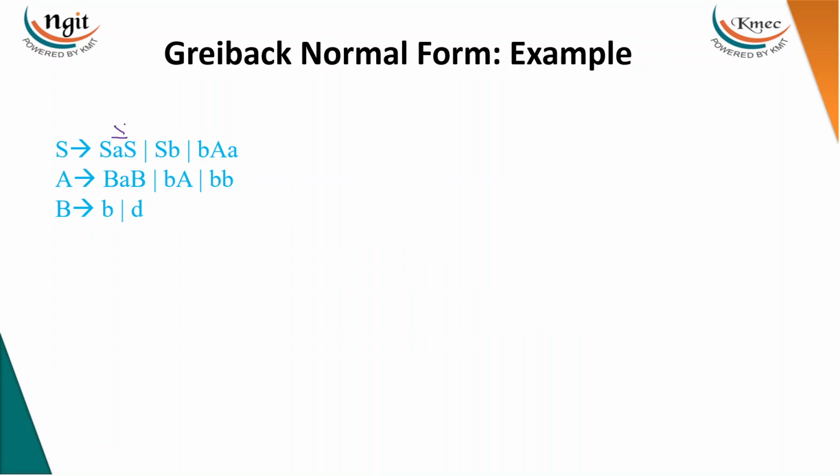See, you can take this as X, and you can take this B as Y. No problem with this, right? Here you replace with the Y, and here you can do with the X, and here you can do with X, Y, and X. You can write like this: S tends to SXS, SY, BAX.